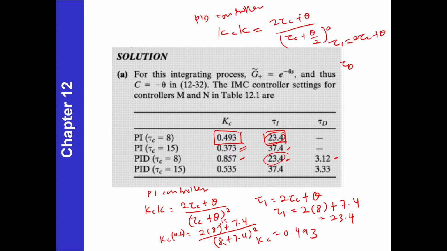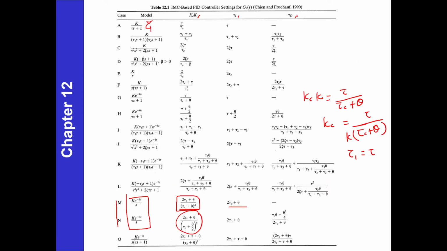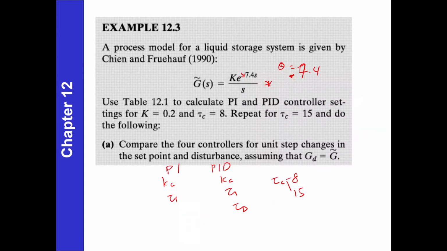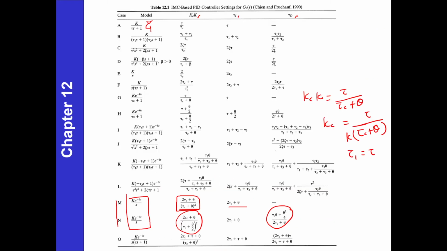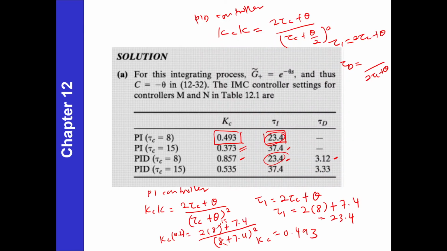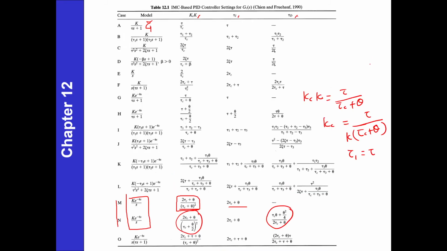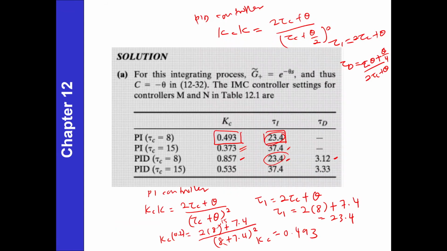And for tau D, just take this one: tau C theta over 2 tau C plus theta, and the above one, tau C theta plus theta over 4, squared.